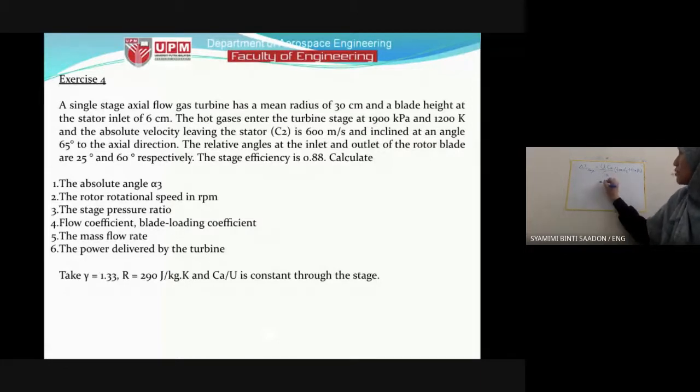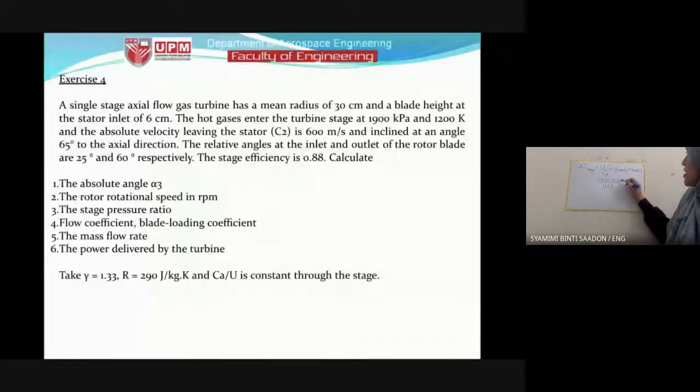So U is 425 from just now, CA is 253 from just now. CP is around 1,168, given here, but we can also calculate this by using gamma, R, etc. Then tangent alpha 2, 65 degrees, plus tangent beta 2, inlet rotor, 25 degrees.